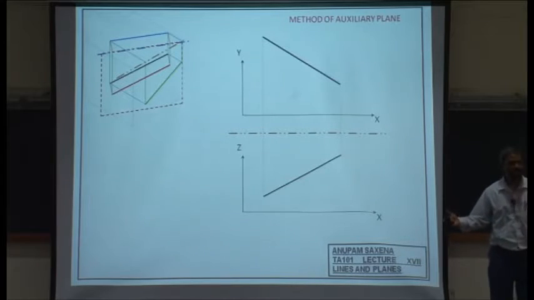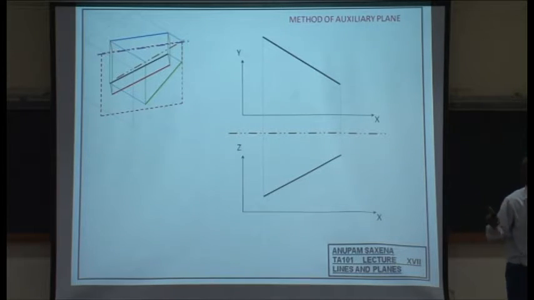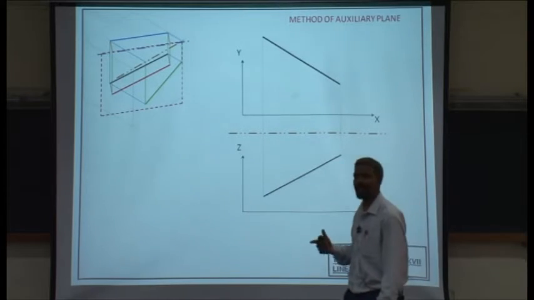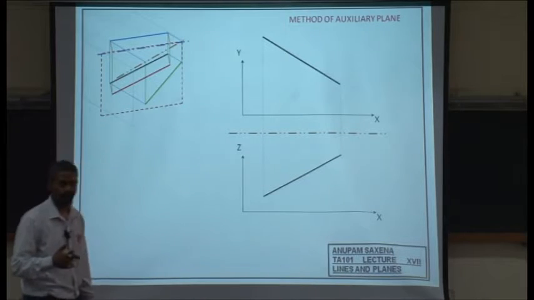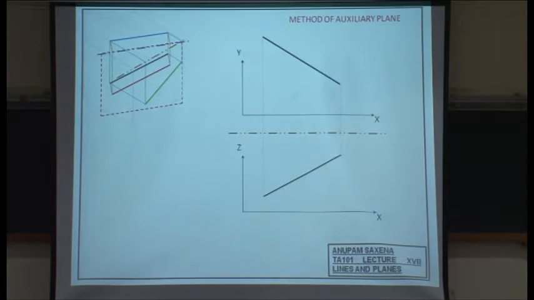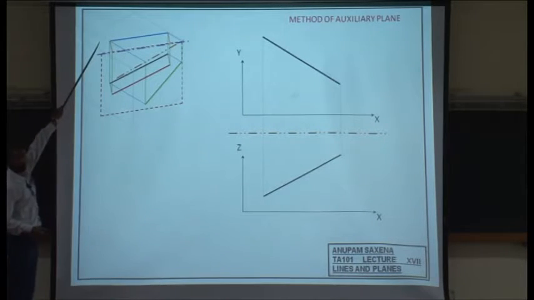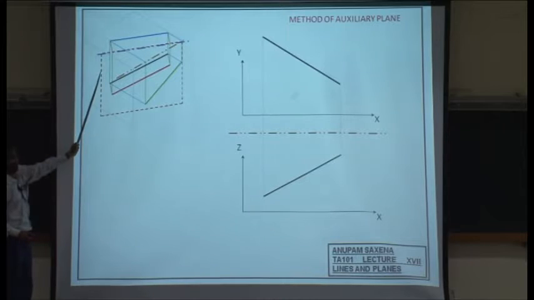So you see I have two hinge lines, one is the brown hinge line and the other one is the purple hinge line. The brown hinge line is relating the front view and the top view. The purple hinge line is relating the horizontal plane here and the red plane, the auxiliary plane.